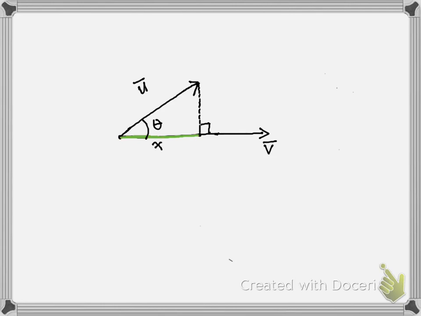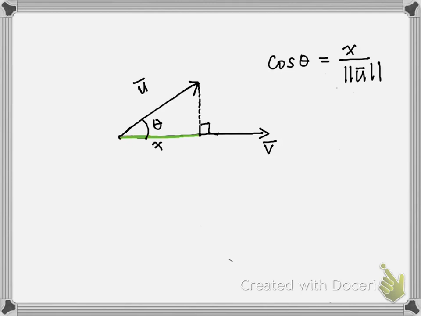So from our trig, we know that the cosine of that angle is adjacent over hypotenuse. Well, the hypotenuse is a vector, so I want the length of the hypotenuse, which is just the norm of that vector u.